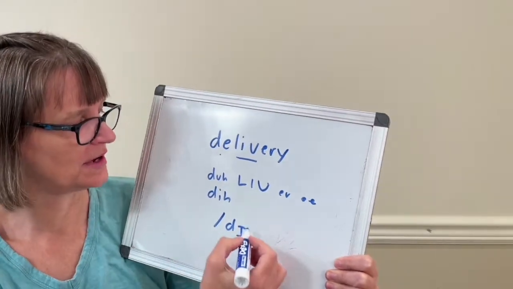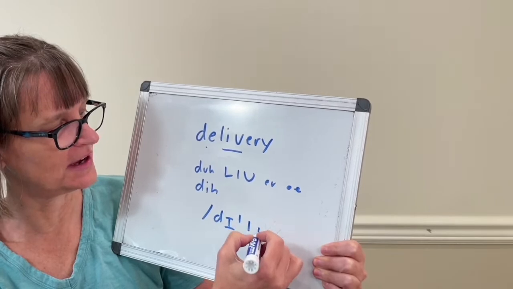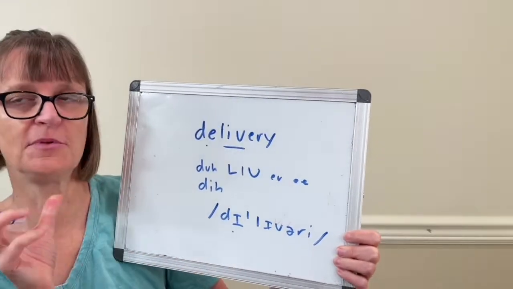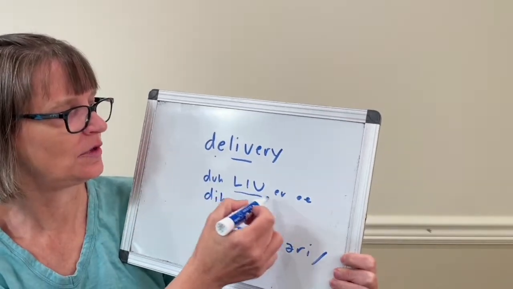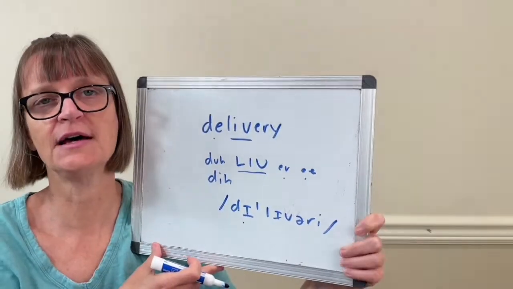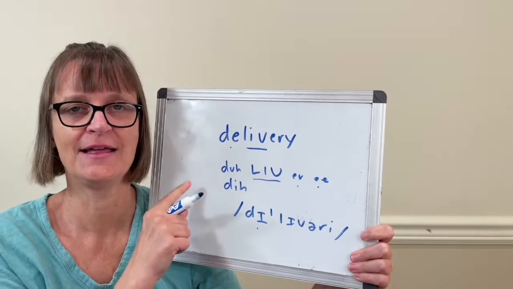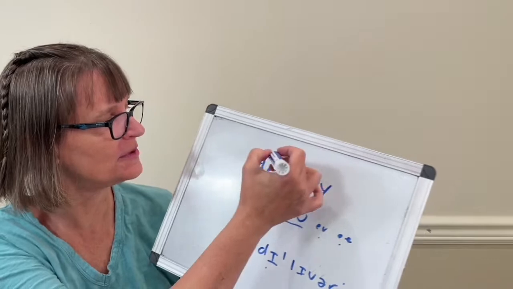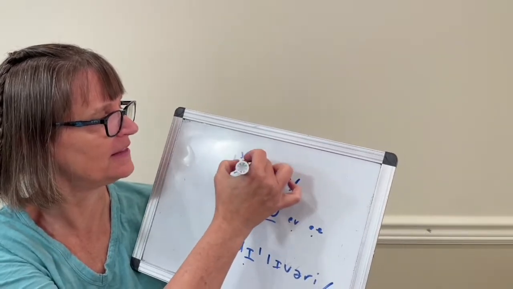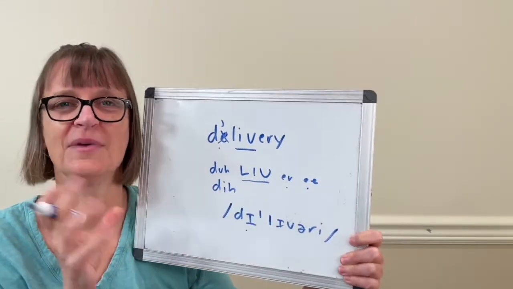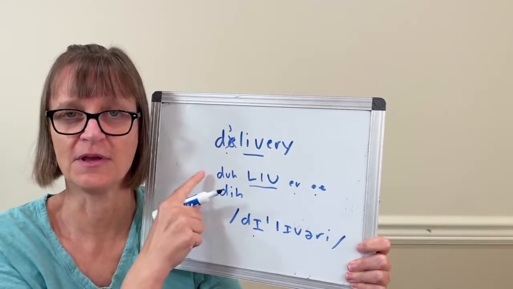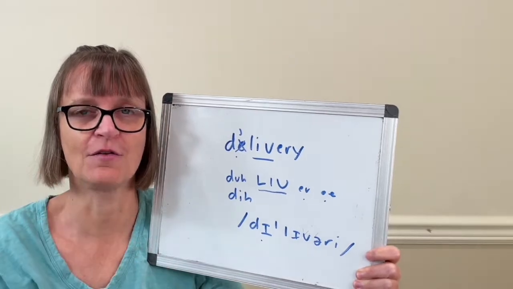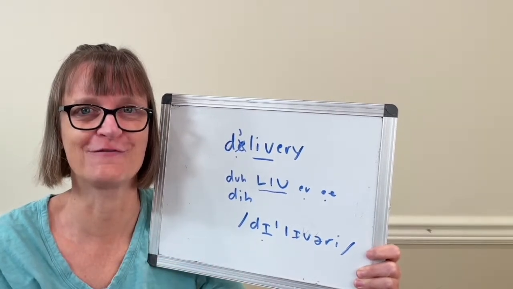What's really important is that because I'm stressing on the liv, this first syllable is short and unstressed. And the way to correctly produce that is start with the stressed syllable, livery, delivery, delivery. You can almost think of it as like not being there at all, because it's a very reduced vowel. So it can be an uh or an I, doesn't matter too much. You're really just wanting to make a reduced vowel and very short on that first syllable.